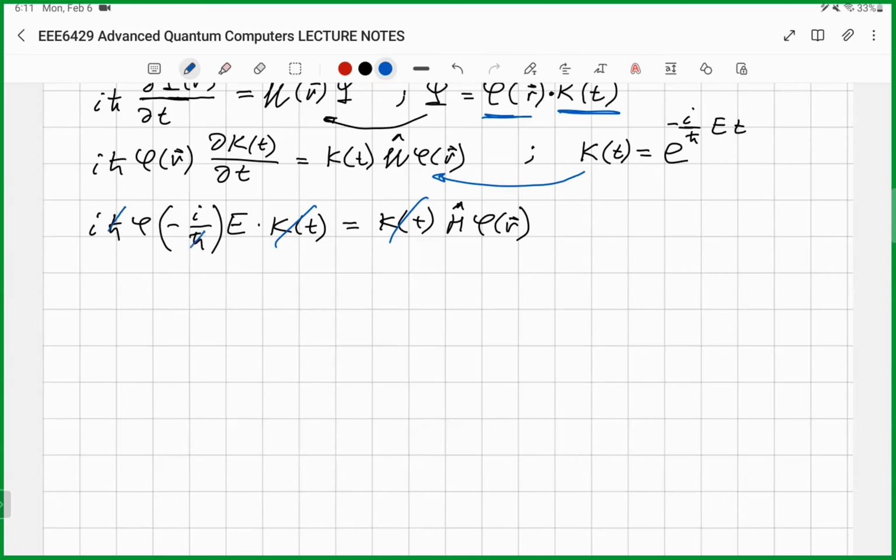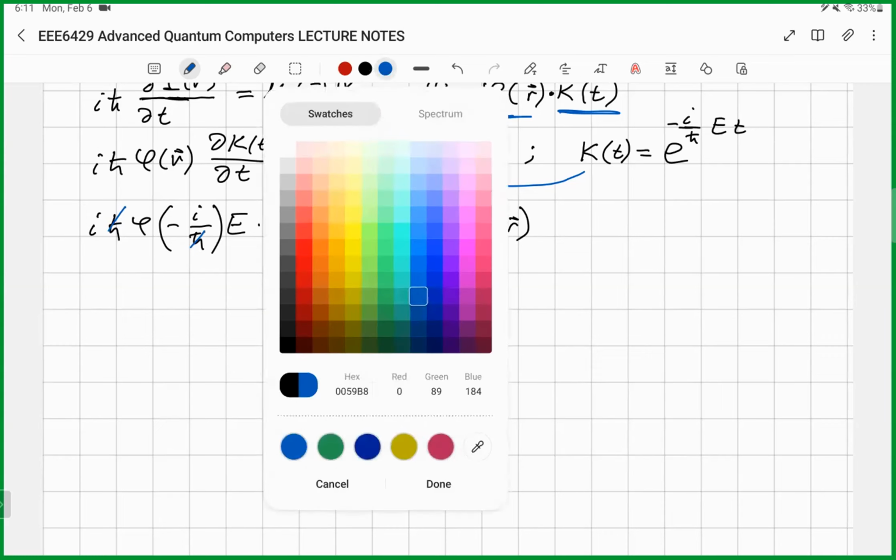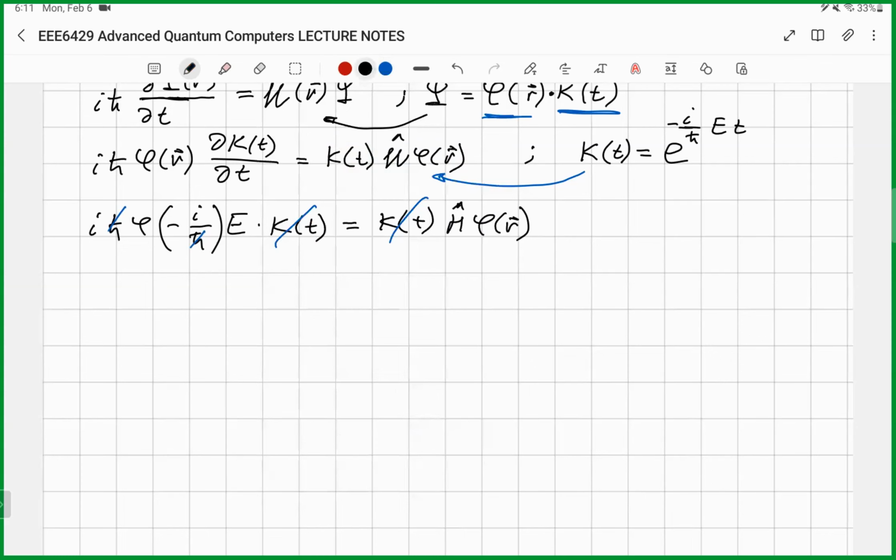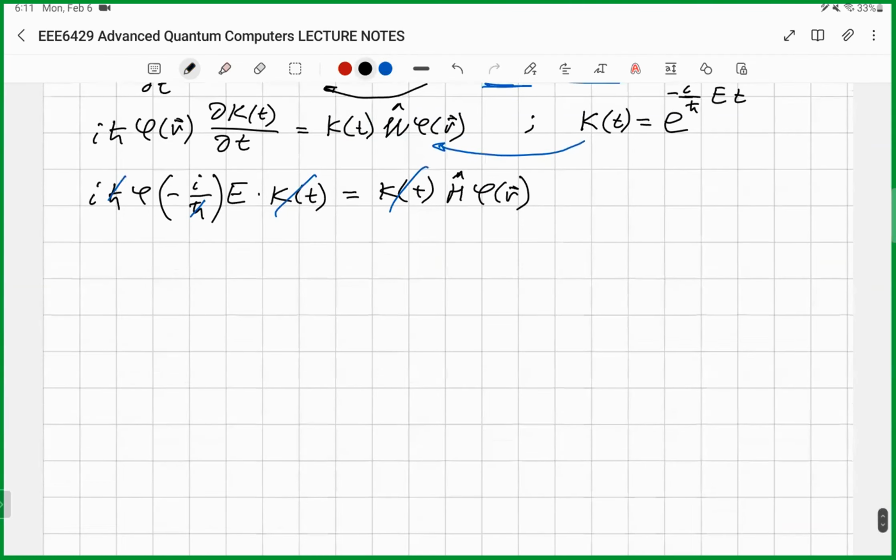And here h bar and h bar cancel out, so everything simplifies to the Hamiltonian acting on phi of r equals E phi of r.